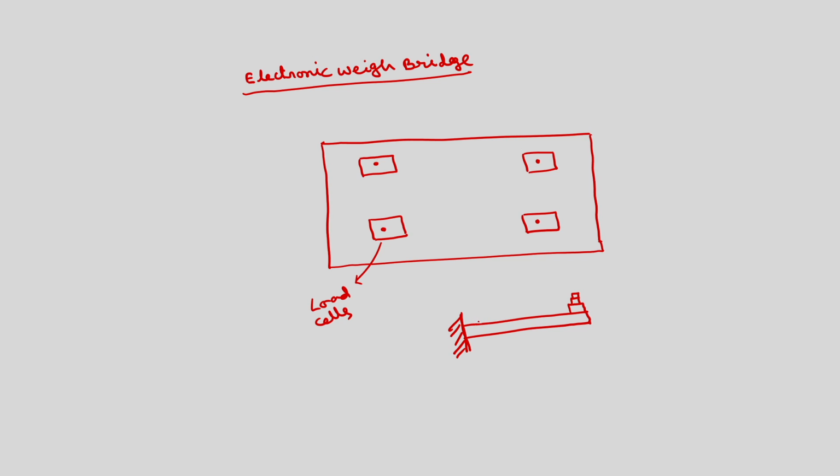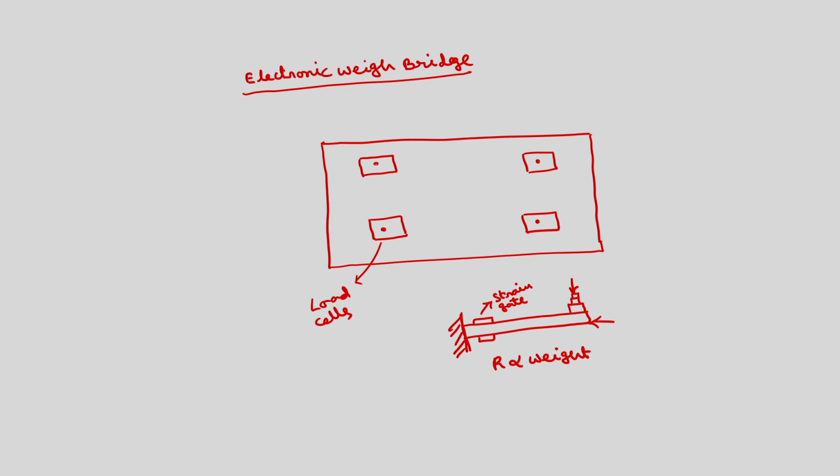If I connect a strain gauge here, this load changes the dimensions of the cantilever beam, thereby the resistance changes. Basically, here resistance is proportional to the weight. That change in resistance can be measured by using a bridge.